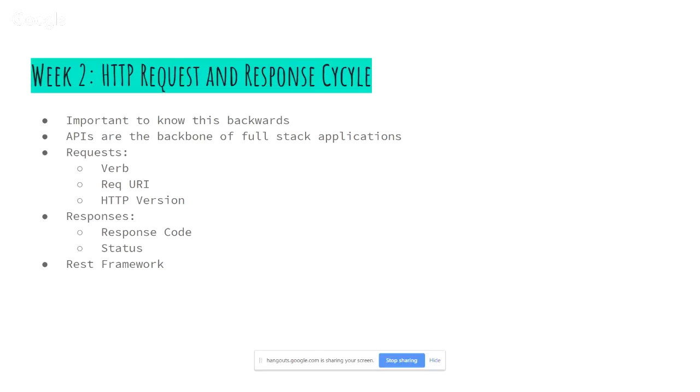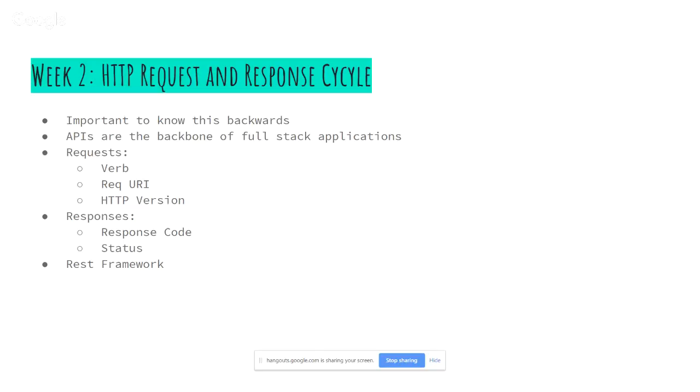And then obviously 99% of the time, HTTP version 1.1. An example of a response would again be your HTTP version. Then say you made a request and it was successful. You would get a response back of 200 and a status of OK.